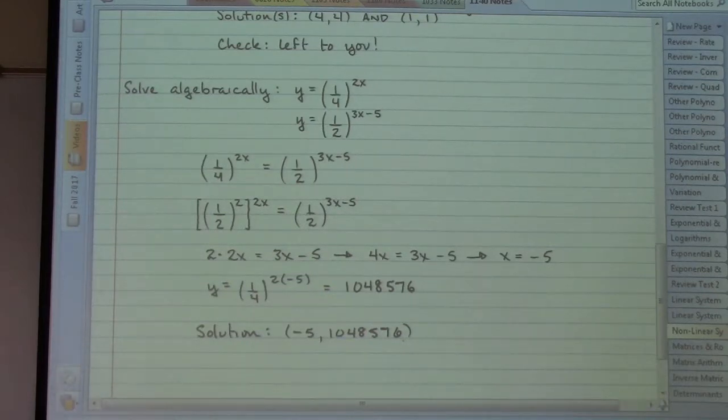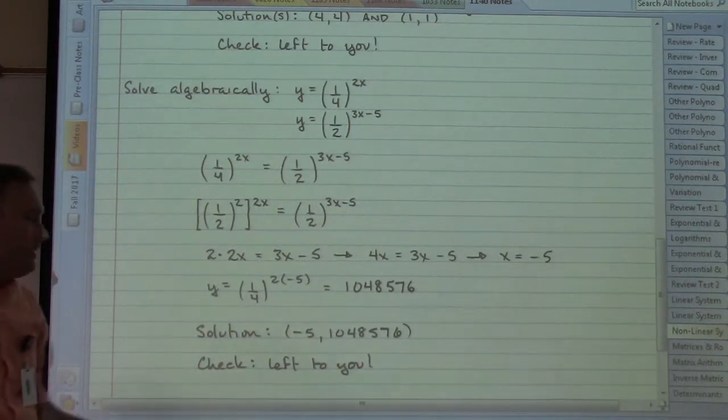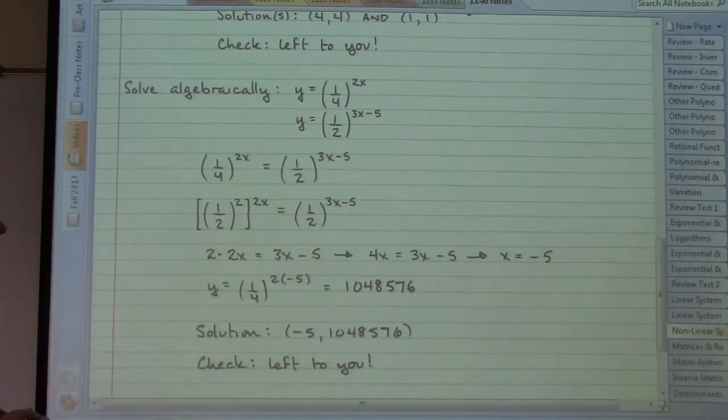Again, I will leave the check to you to verify that that particular point works in both of our original equations, and therefore that particular point is in fact the correct solution. So, there we go.